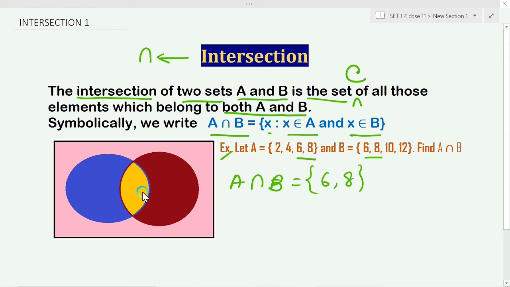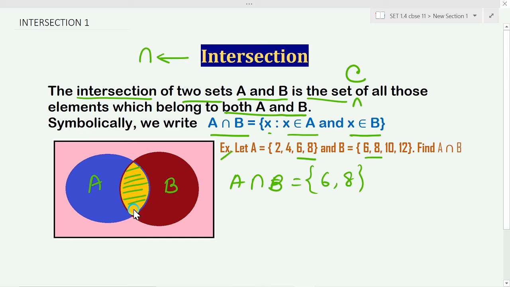Now look at this picture. The blue set is A and the brown set is B, and this yellow region is the common area.